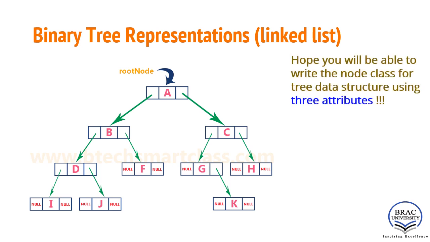So I hope you will be able to write the node class for tree data structure using 3 attributes. Actually, you need to write a node class where there will be 3 fields or 3 attributes.